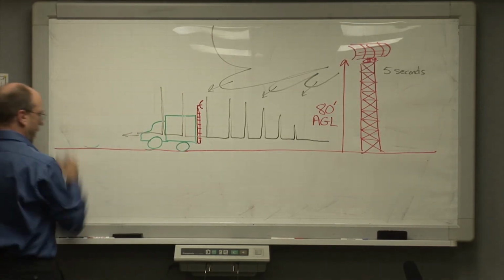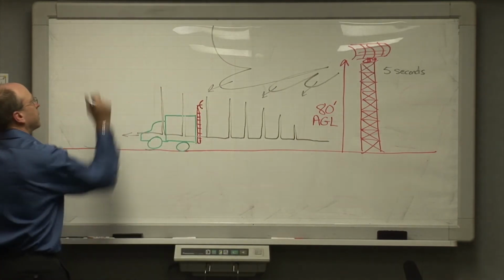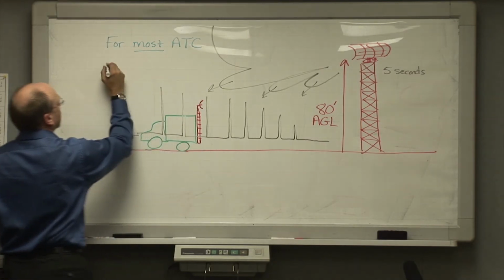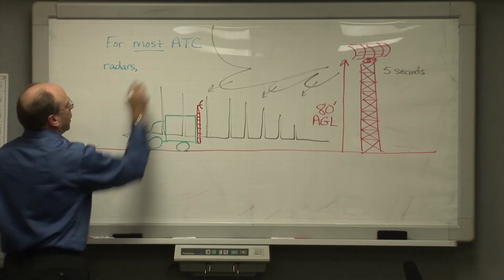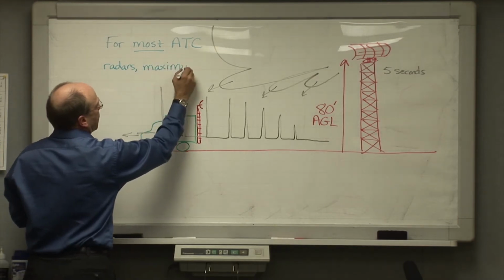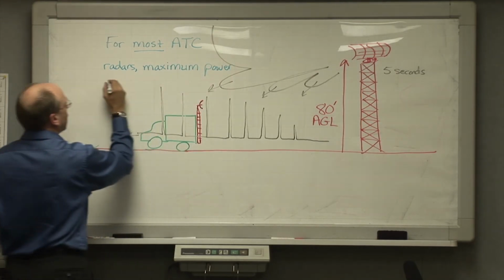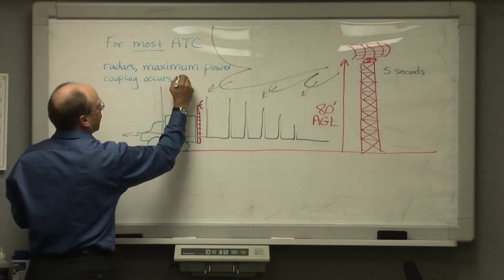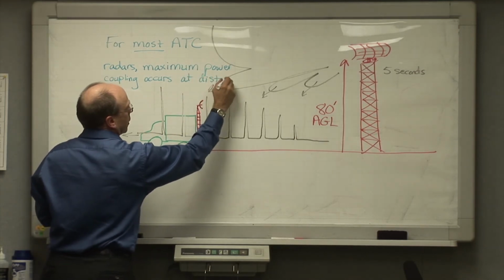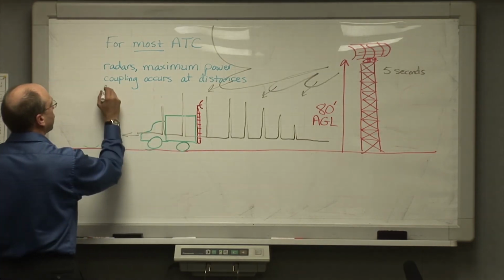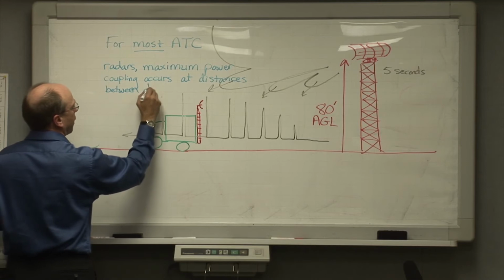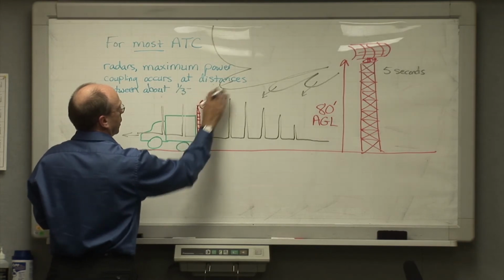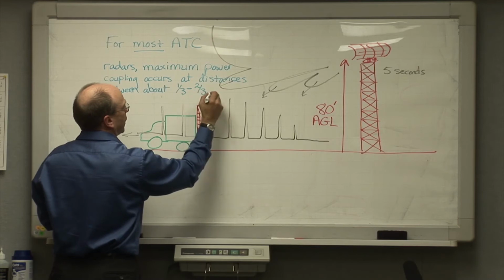And it turns out for most air traffic control radars, and this will vary for other types of radars, but for most ATC, air traffic control radars, we get maximum coupling, maximum power coupling, that is max power out of the radar, max power coupling occurs at distances between about 1/3 to 2/3 of a mile.